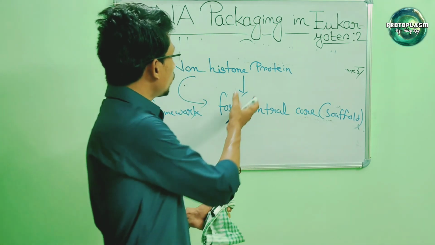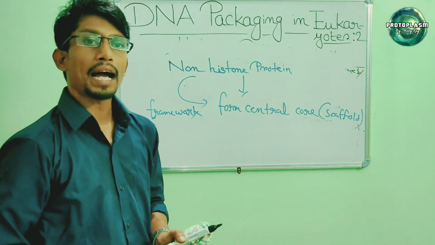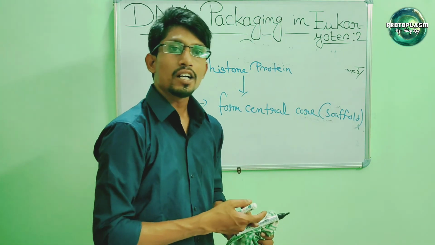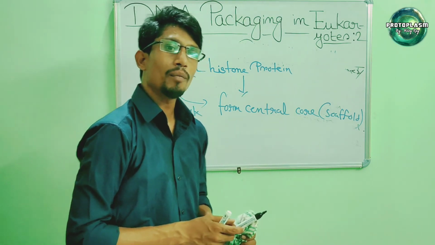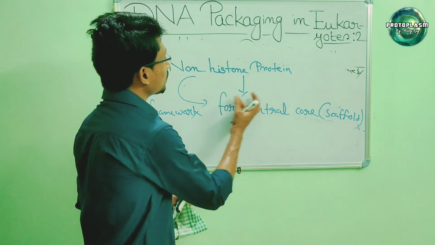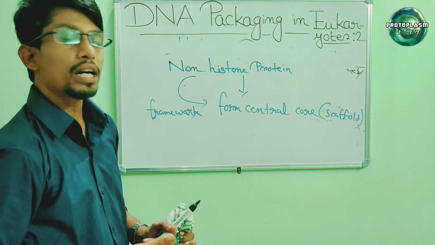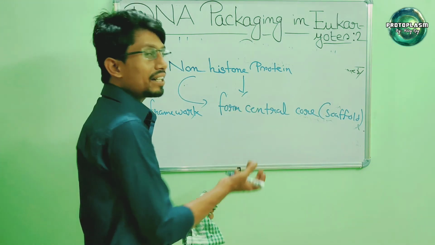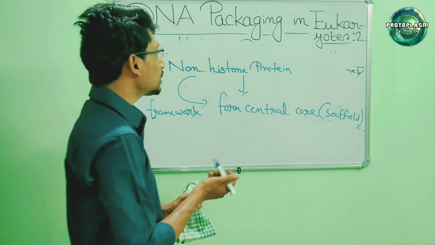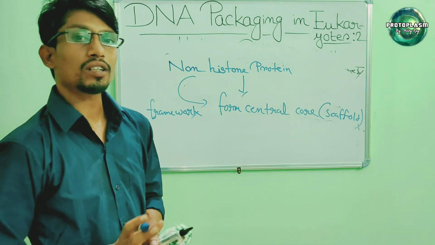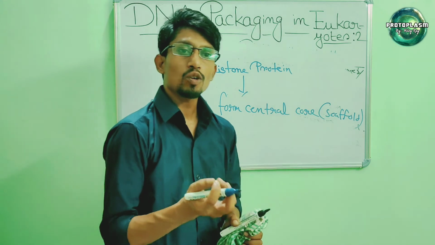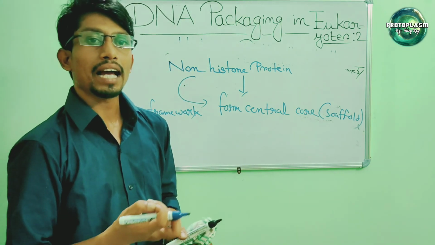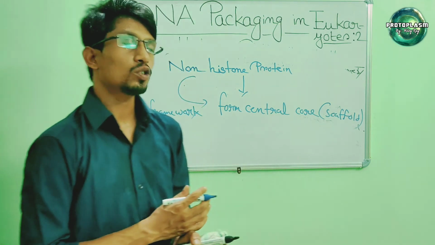Then this nucleosome, which is 11 nanometer in diameter, is again condensed to form a chromatin fiber of 30 nanometer, and that again forms a scaffold, a central core around which high condensation or compaction occurs, which packs around 10 to the power 3 to 10 to the power 5 micrometer of DNA into a few micrometer, and that is seen in the metaphase chromosome.